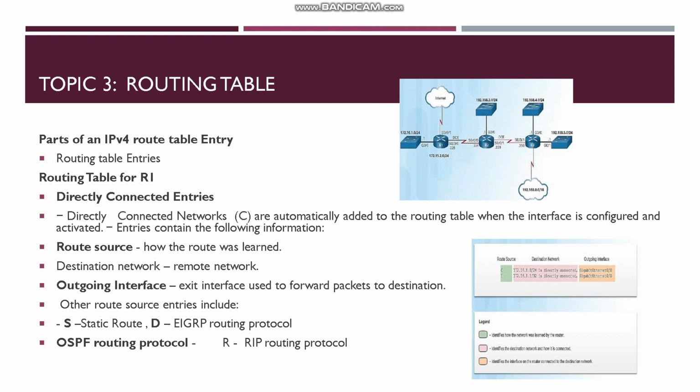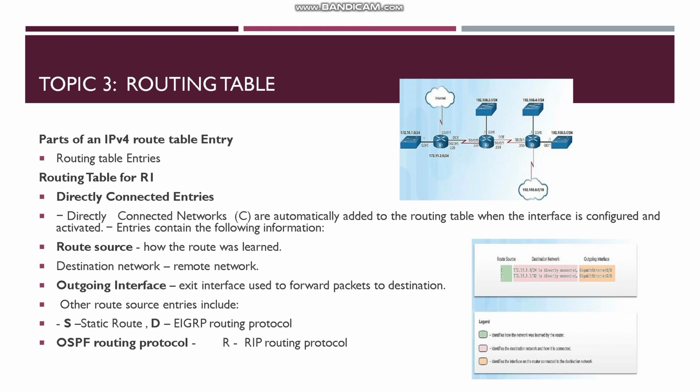Yung entries na ating kinonfigure ay directly na ma-add dun sa ating routing table. Tingnan na lang natin yung table sa baba at makikita nyo dyan yung parts ng ating routing table.